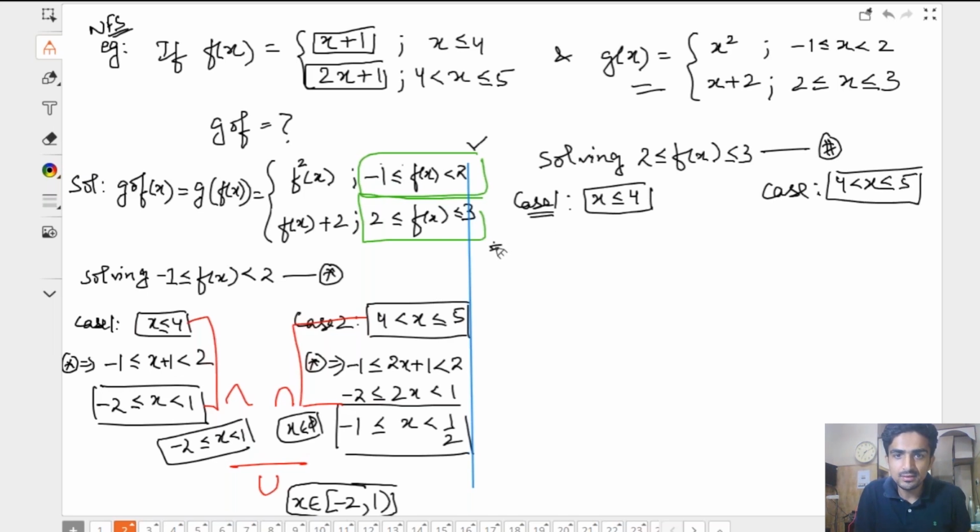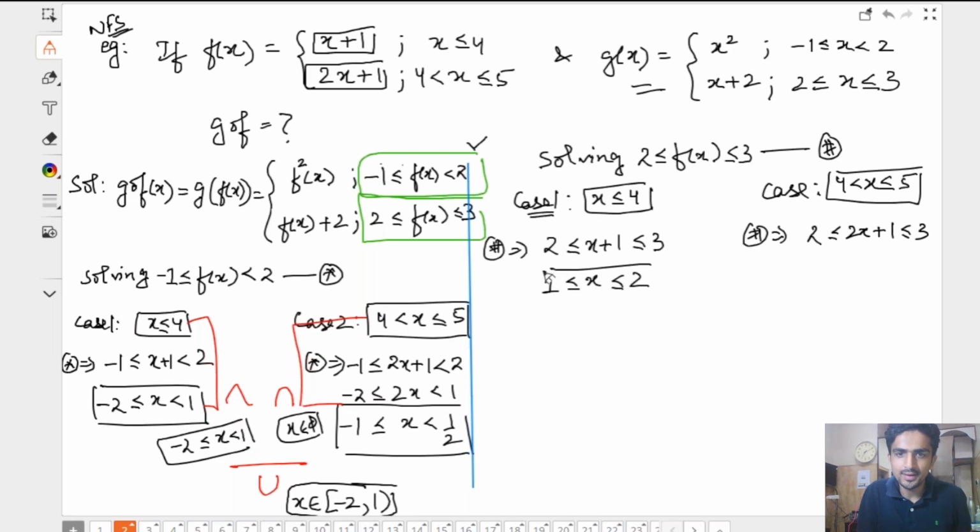So in the first case, the equation becomes x plus 1 lies between 2 and 3, and in the second case, the equation becomes 2x plus 1 lies between 2 and 3. So here x comes out to be 1 to 2. Simple. And here first we subtract 1 and then divide by 2.